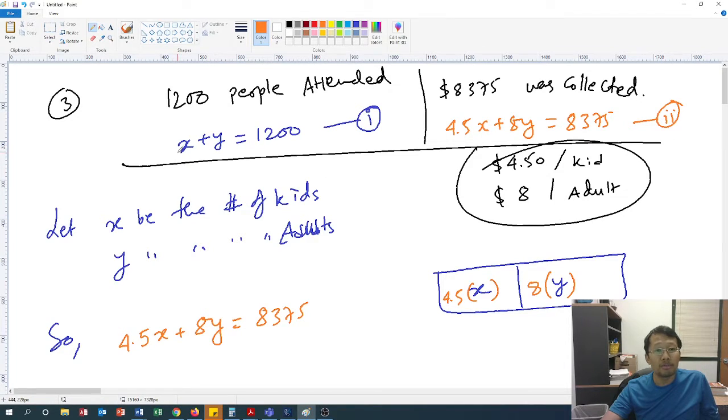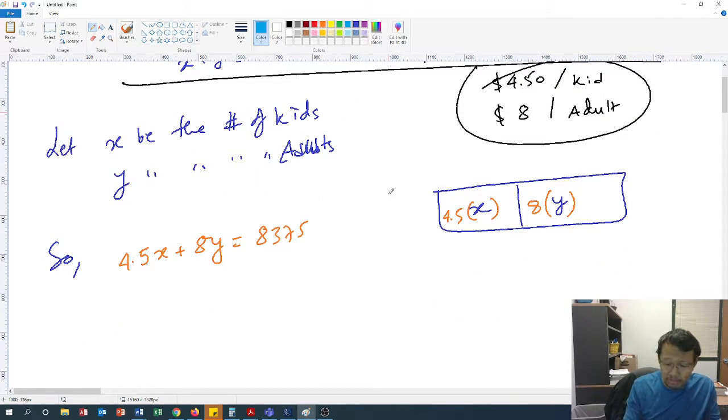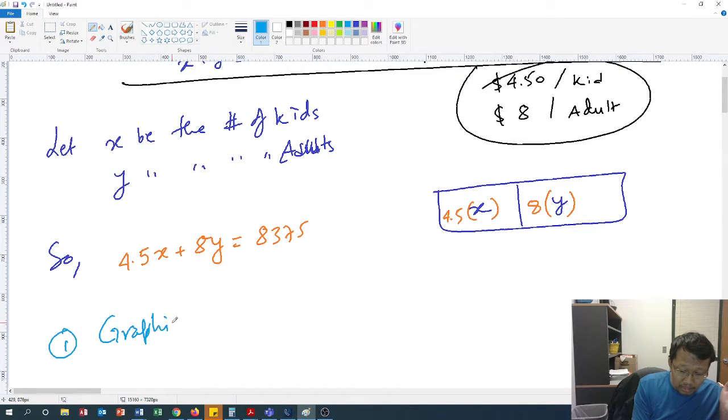You can go by graphing, or by substitution or elimination, whatever you want. Graphing is quite easy.